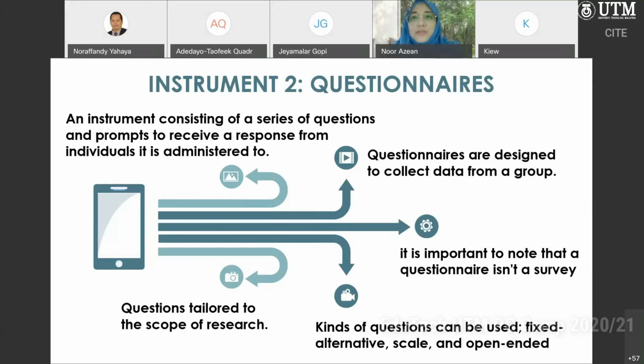So on a questionnaire, there are a few kinds, okay, of questions used. As usual, we have the construct, we have the item. For example, we have fixed alternative, scale, open-ended, as usual. Each question is tailored to the nature and the scope of our research.